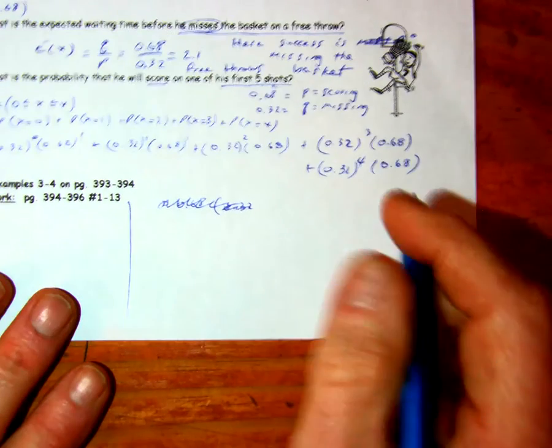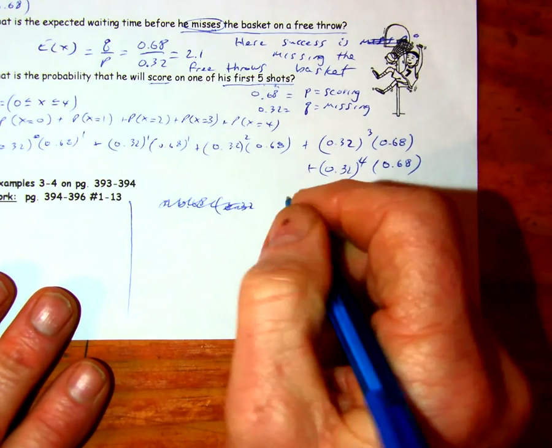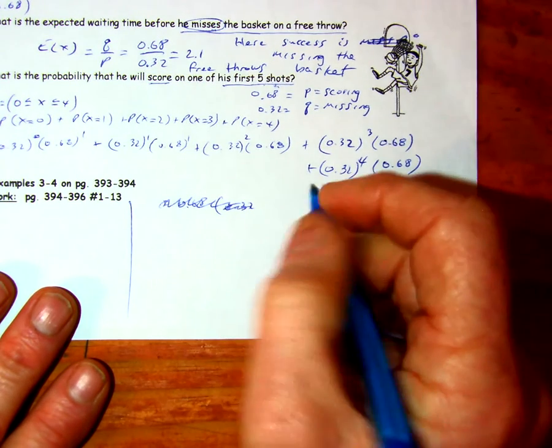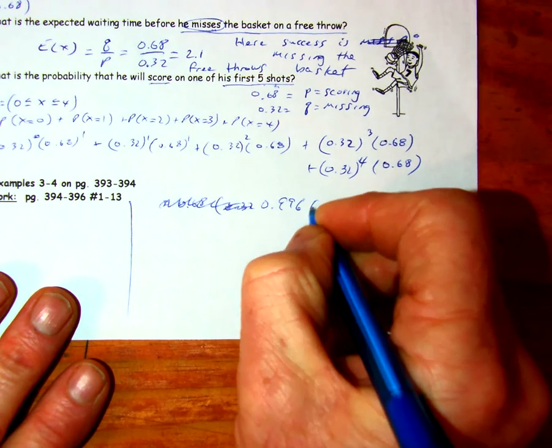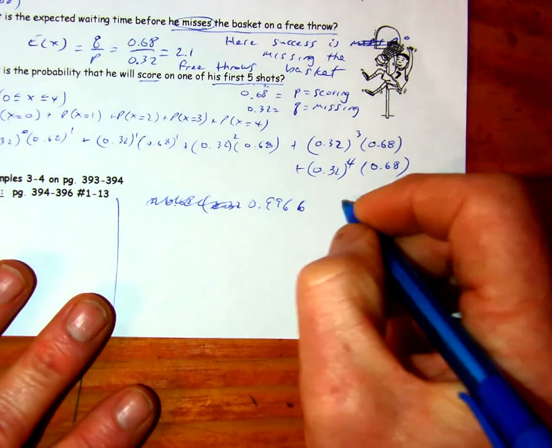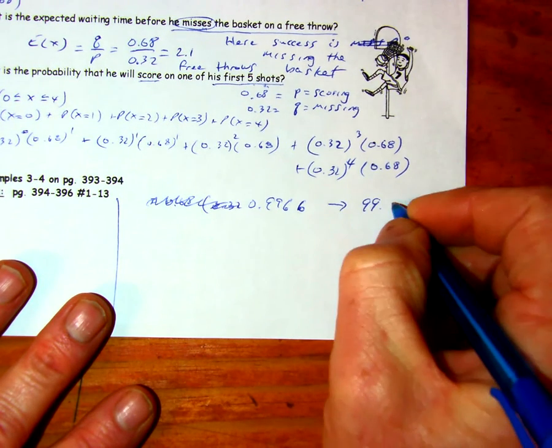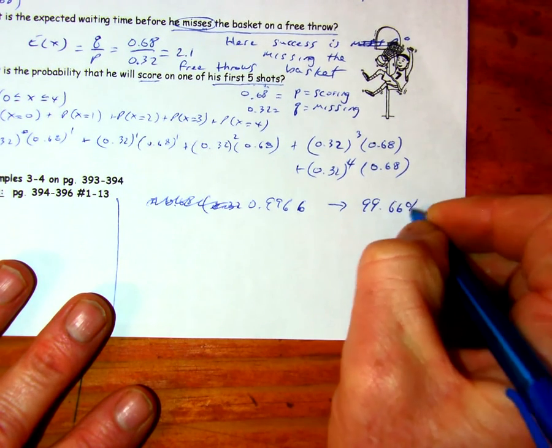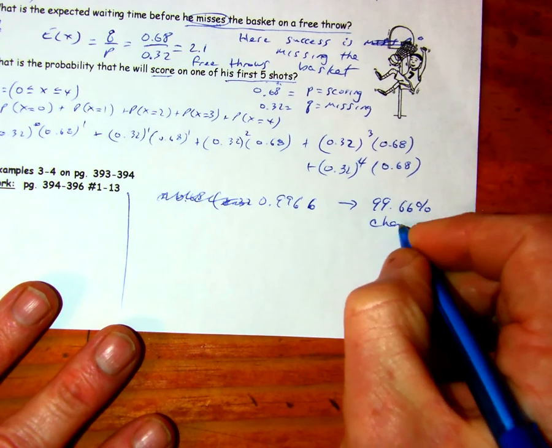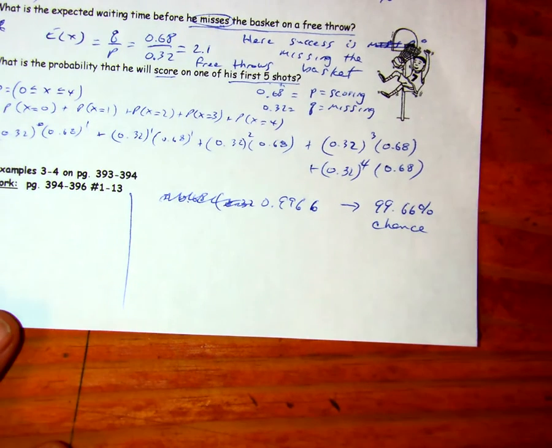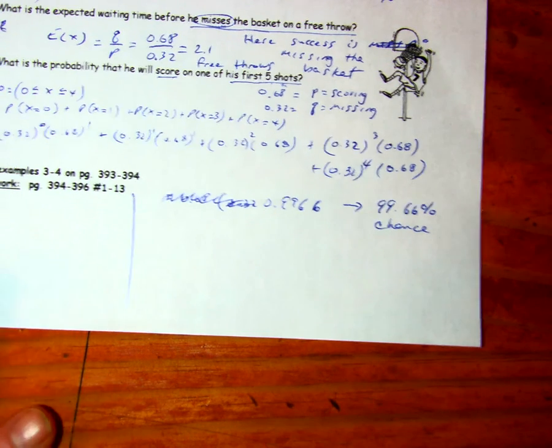The answer is, we don't have enough room to make it simplified. It's 0.9966. So there is a 99.66% chance that he will score on one within the first 5 shots.